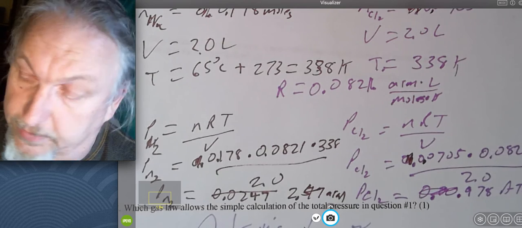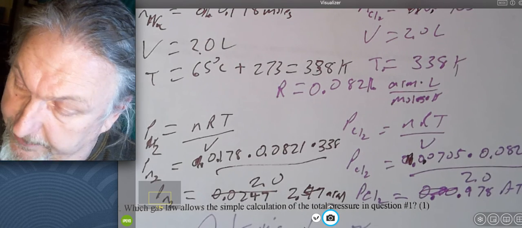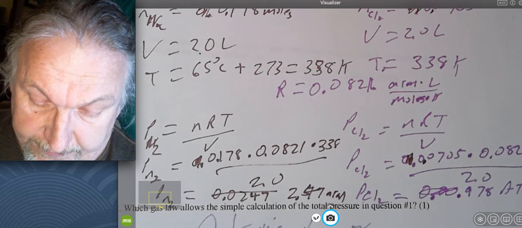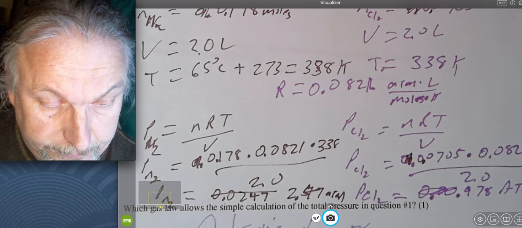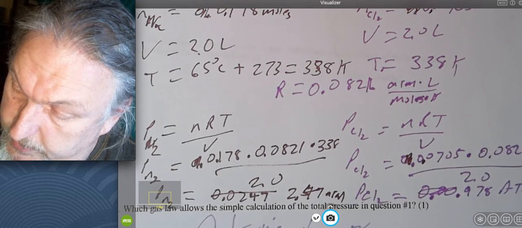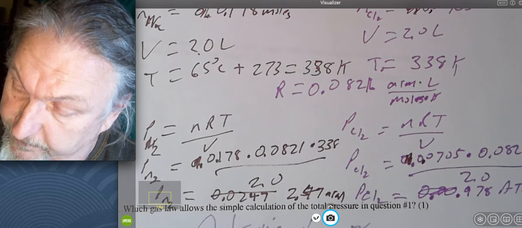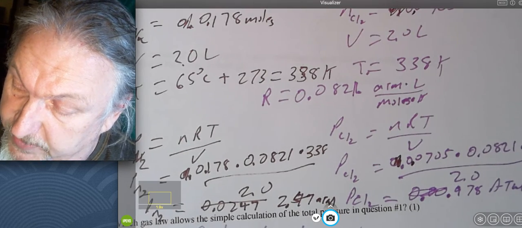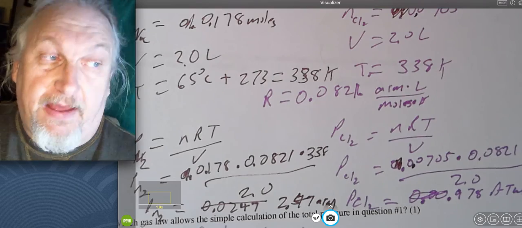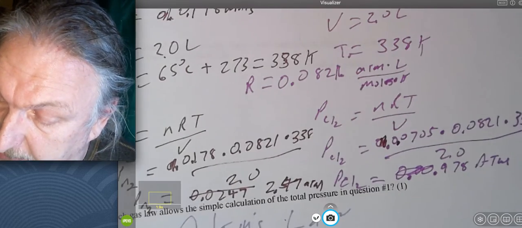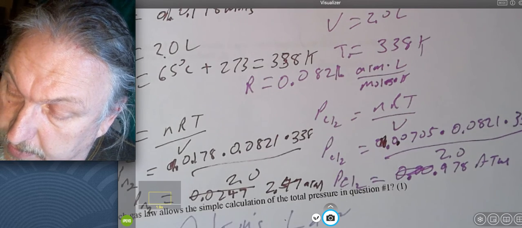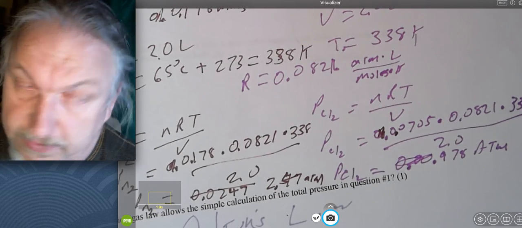Let's add that to 2.47. So my total pressure is going to be 3.45 atmospheres. 3.5 atmospheres would be good because they only gave me two significant figures. So 3.5 atmospheres is what I'm going to report.